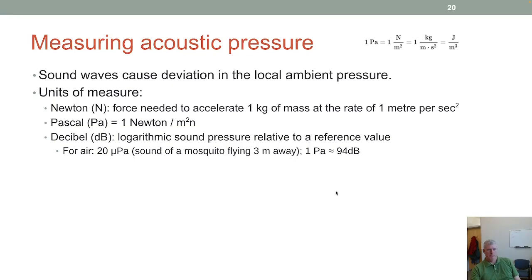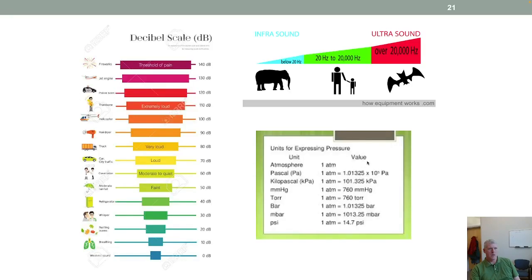And a Pascal is about 94 decibels. So here are different decibels. Fireworks are really loud, right? At 140 decibels. A jet engine is really loud as well, at 130 decibels on average, give or take.